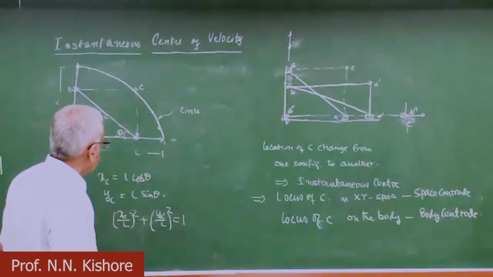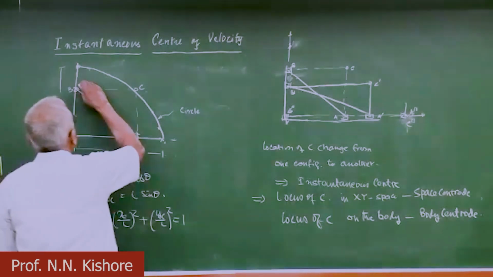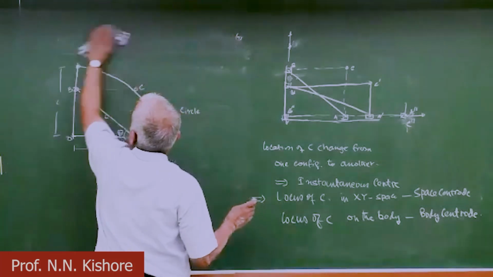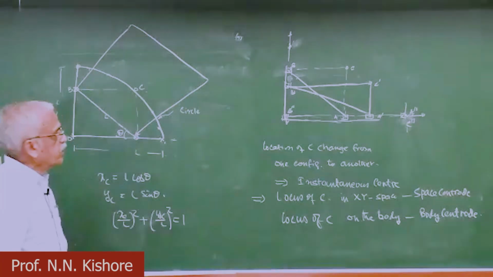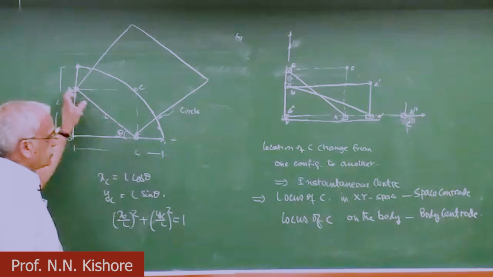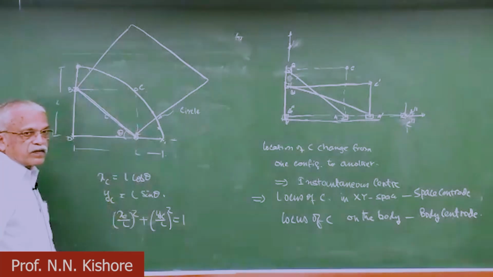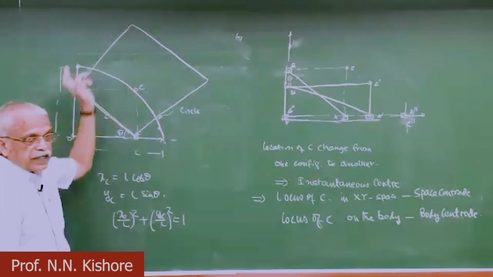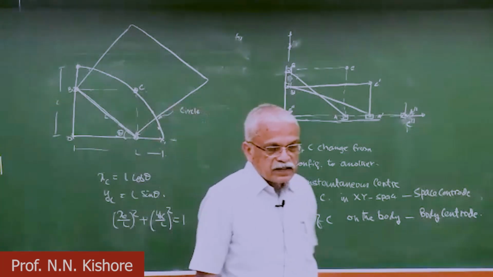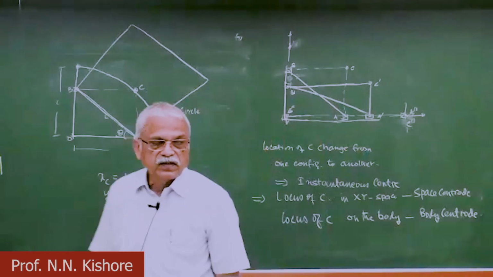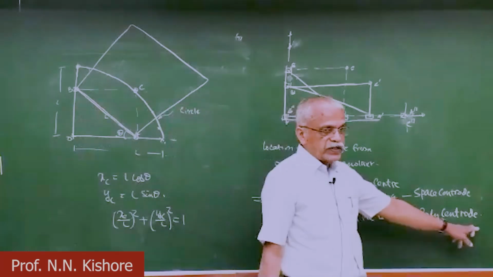What we mean by this is that this is the space centroid, which you know, and for the body centroid, imagine that you have a big cardboard here, a rectangular cardboard fixed on this one, and then if I locate the locus of C on the board, what will that be? That is known as the body centroid.